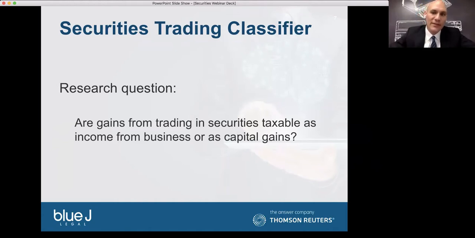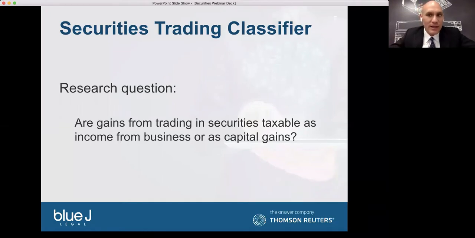So we're going to be looking at this distinction. It matters a lot when you're talking about buying and selling, for example, securities that are not Canadian securities. So there is this rule in the Income Tax Act that if you're buying and selling Canadian securities, you can make something called the Canadian Securities election under subsection 39(4) that will allow you to treat all of your transactions in Canadian securities, for example, as capital gains.